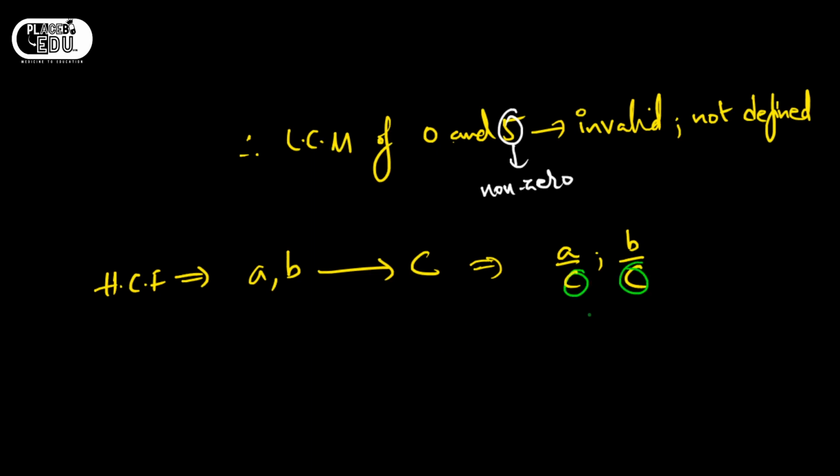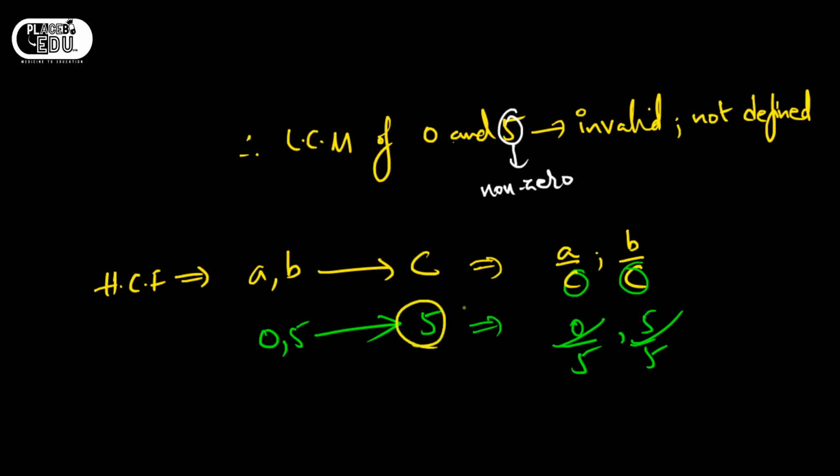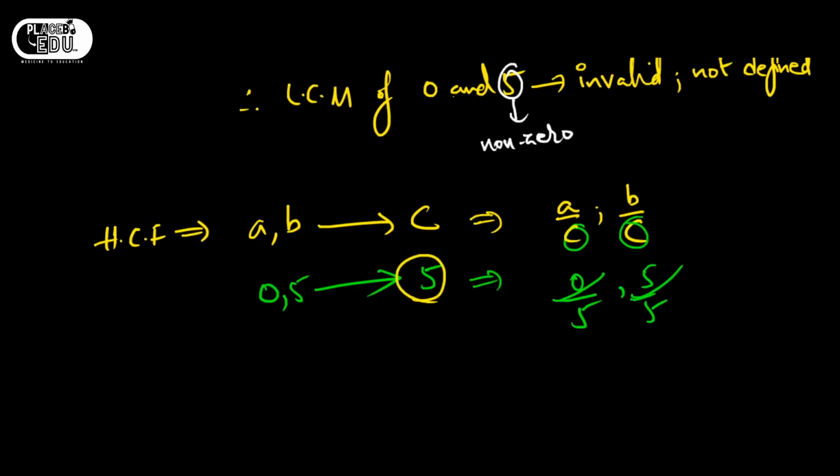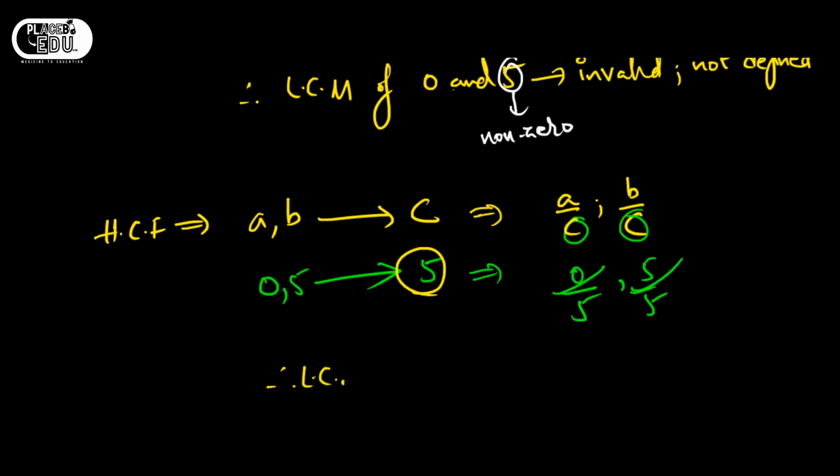That's the difference. So now for 0 and 5, I am taking 5 as the HCF. So I have to check 0 by 5 and 5 by 5. This is valid and this is valid. Therefore the HCF is 5. Understood? Therefore the LCM is not valid and the HCF is 5. These are the solutions for the questions.